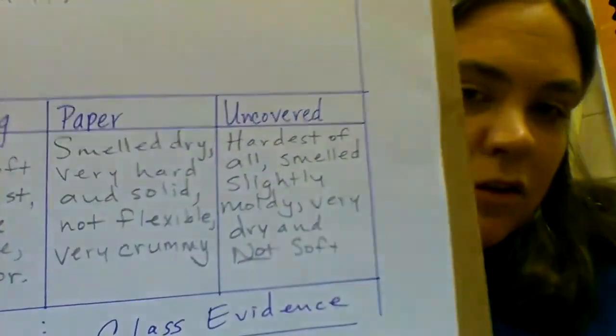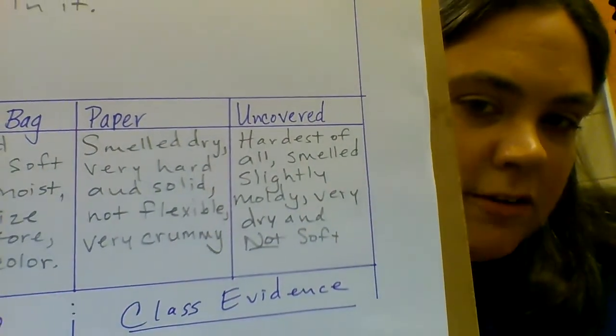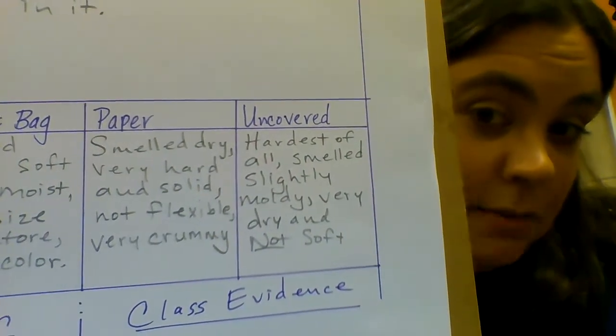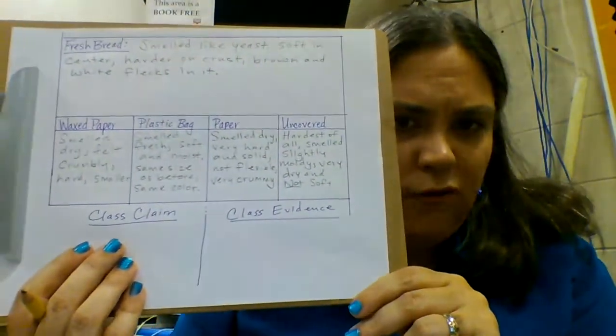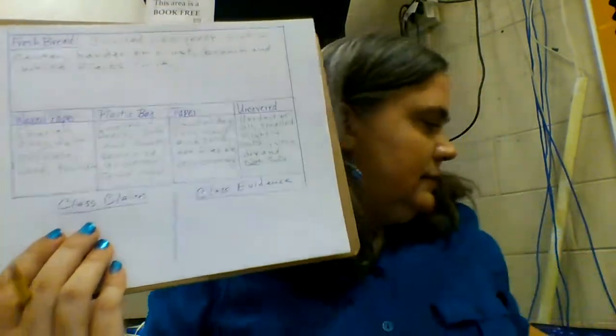Oh no. It was very dry and not soft. So my uncovered piece was the hardest of all. It smelled slightly moldy. It was very dry and not soft. So you should have filled out all 4 boxes.